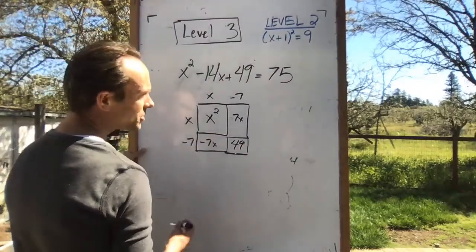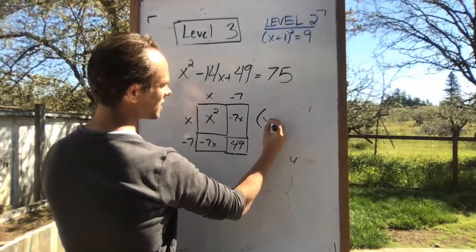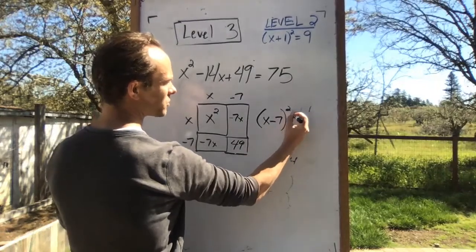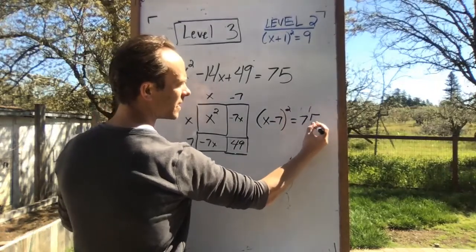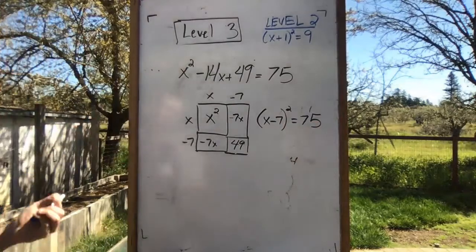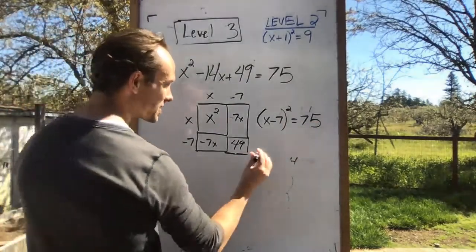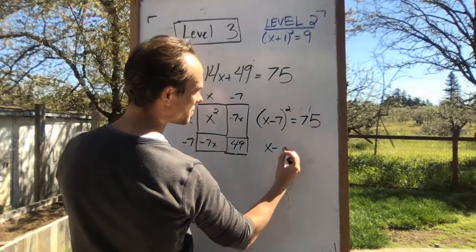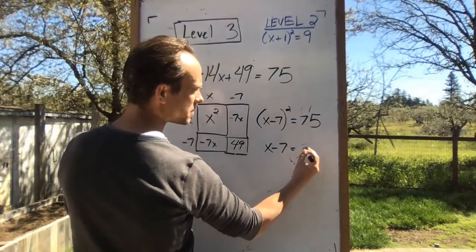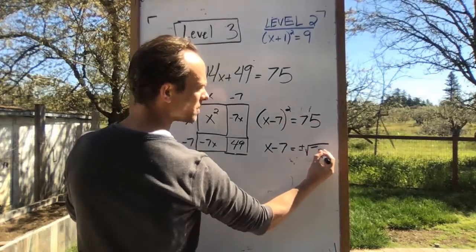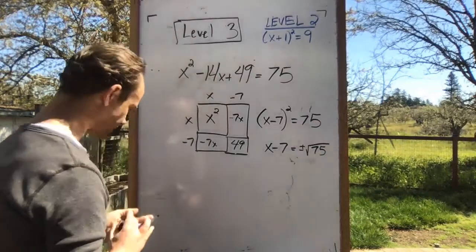So now what I can do is take advantage of what I know of squares and create a beautiful level 2 problem. All right, nicely played. So I know now that x minus 7 is going to be plus or minus the square root of 75.